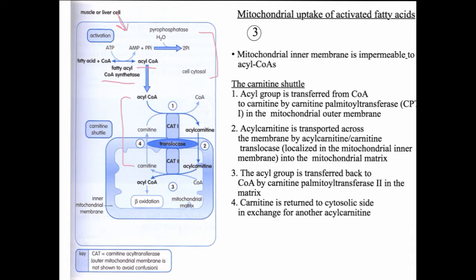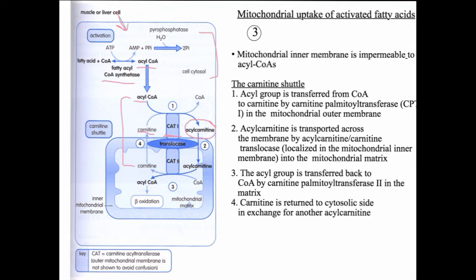The acyl-CoA will transfer the acyl moiety to carnitine to generate acyl-carnitine. The enzyme responsible for this is embedded on the outside of the mitochondrial membrane, and that's part of the carnitine shuttle. You can see it here, it's represented as CAT, but you can also see in books as CPT, which is carnitine palmitoyl transferase.